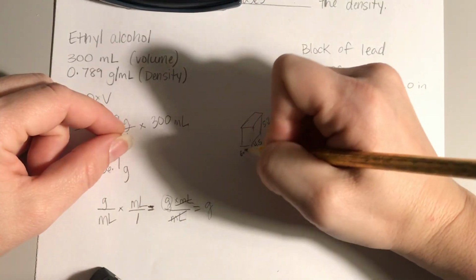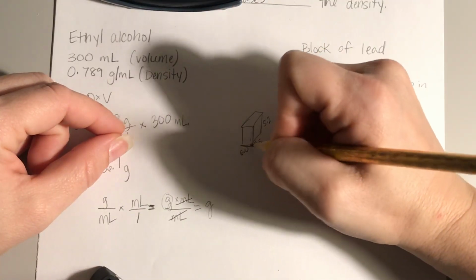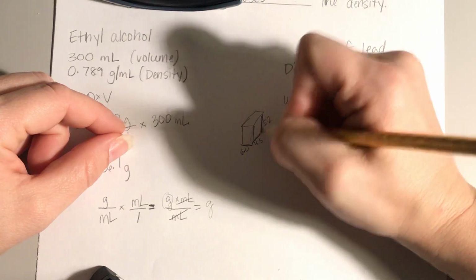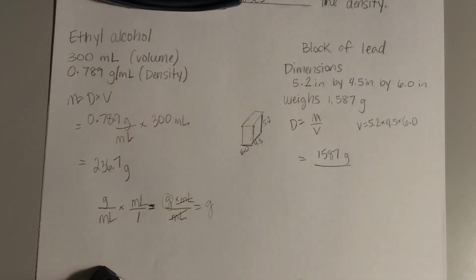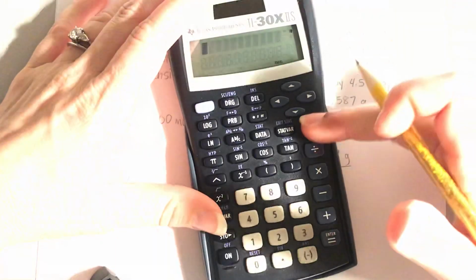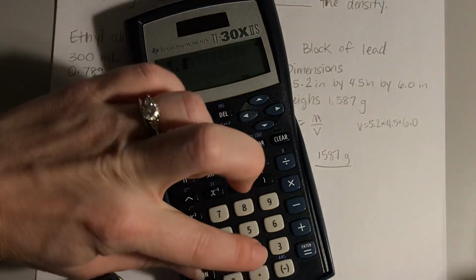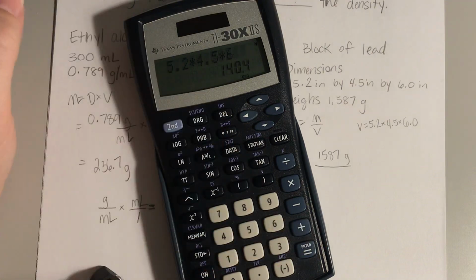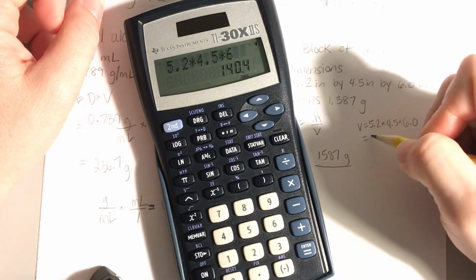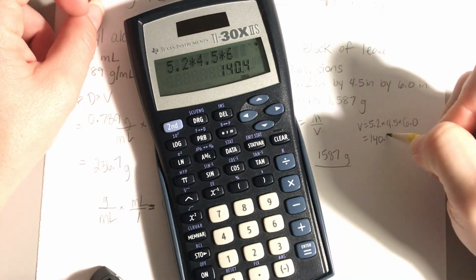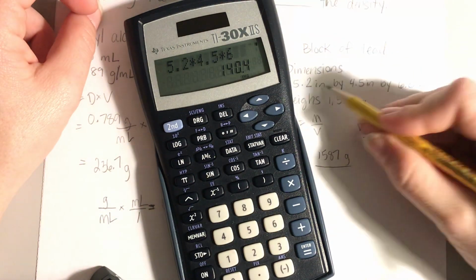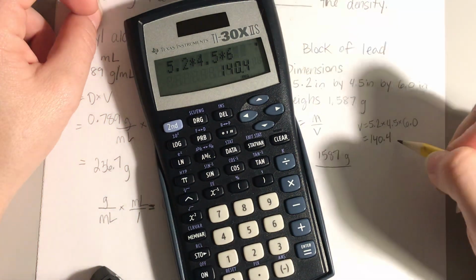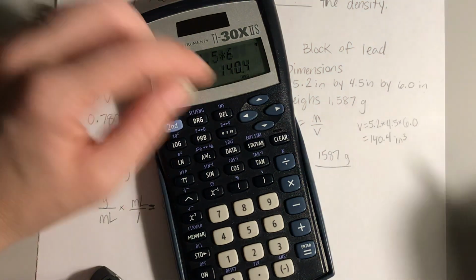Length times width times height. Obviously not to scale. Multiplying that in a calculator, the volume is equal to 140.4, and we have inches times inches times inches, so that's going to be cubic inches.